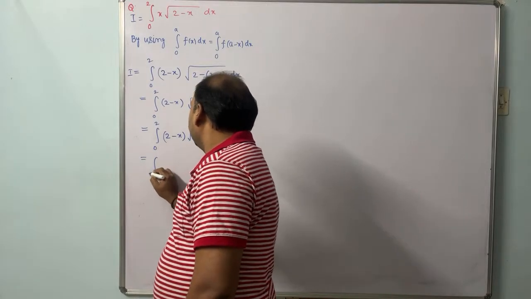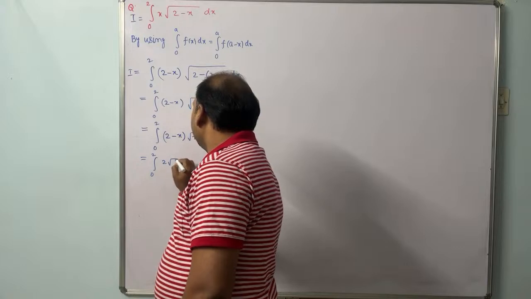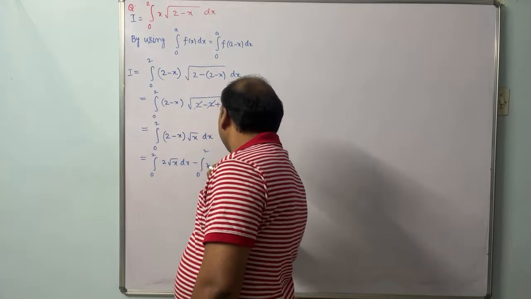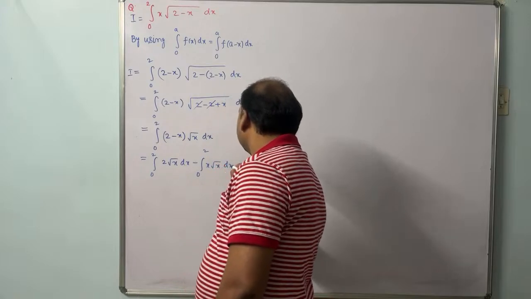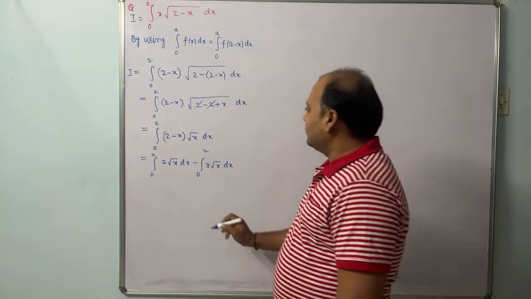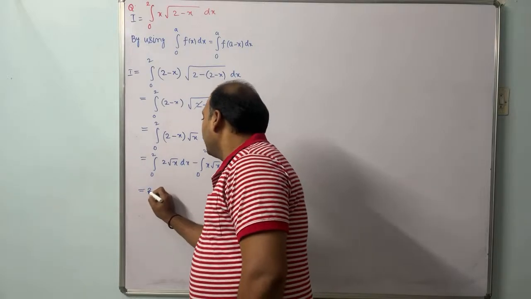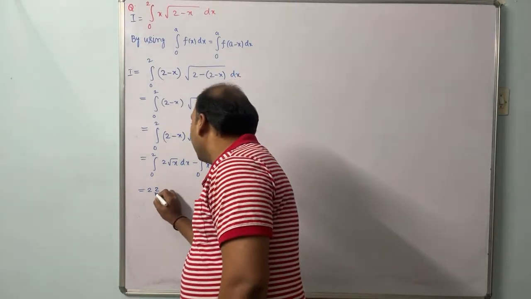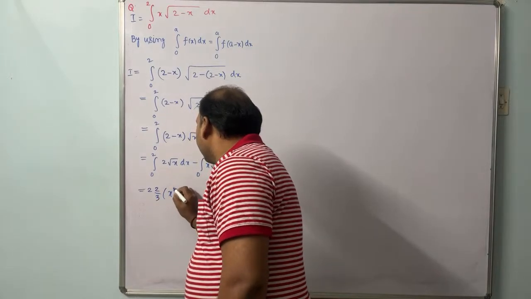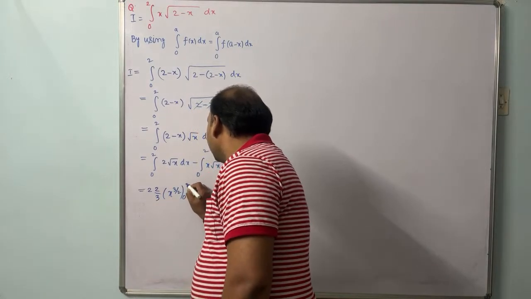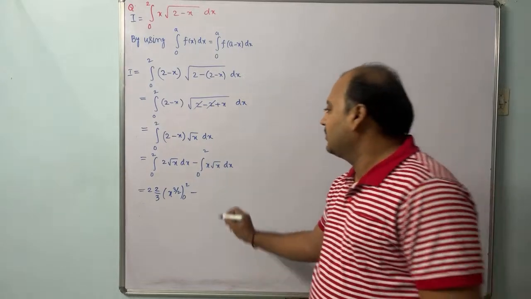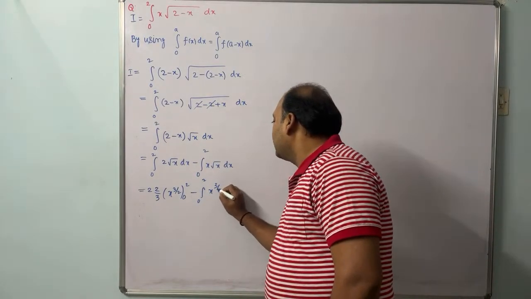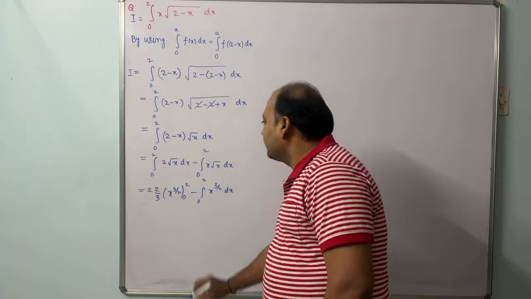So you will get it as integral 0 to 2 2 minus x into root x into dx, which is equal to integral 0 to 2 2 into root x dx minus integral 0 to 2 x into root x into dx. So which is equal to 2, we can bring outside. Integral root x is 2 by 3 into x power 3 by 2, applying the limit 0 to 2, minus integral 0 to 2 x power 3 by 2 into dx.